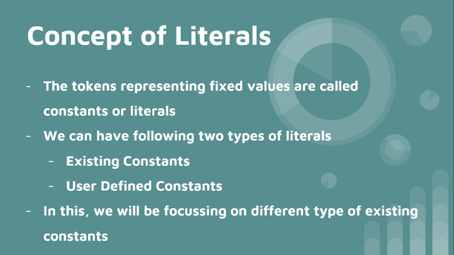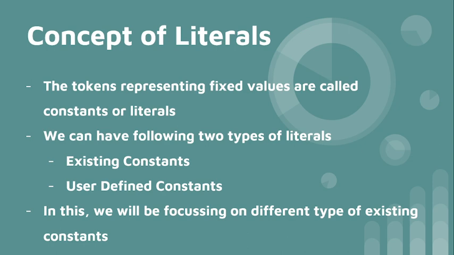So that pi is not an existing constant, rather it's a user defined constant. Now currently this particular video will be focusing more on different types of existing constants. So what are the existing constants which are more clearly called as literals? What are the different types of literals, and so on.